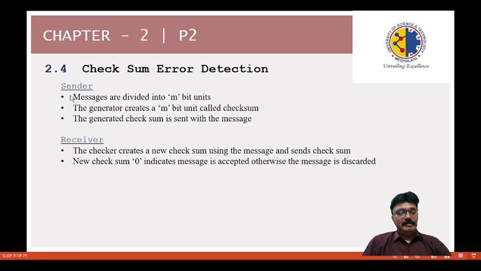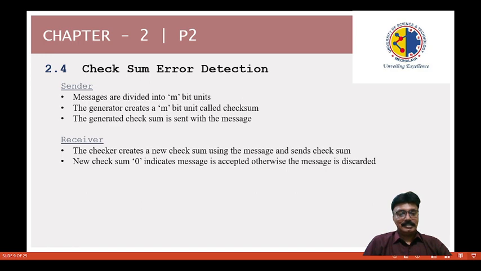Between the sender and receiver, the process takes place in steps. Messages are divided into m-bit units. First, the generator creates an m-bit unit called the checksum.